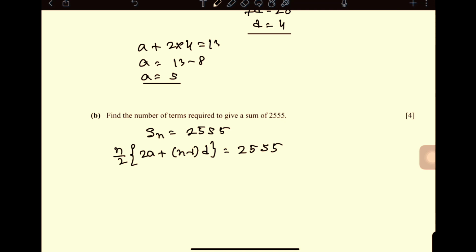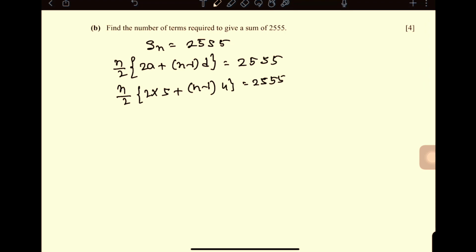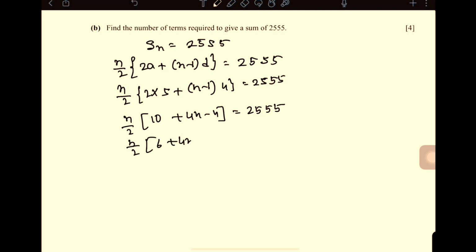Let me use that value of a. 2 times a is 5 and then d is 4. n by 2, this is 10 plus 4n minus 4 equals 2555, and n by 2 (6 plus 4n) equals 2555.